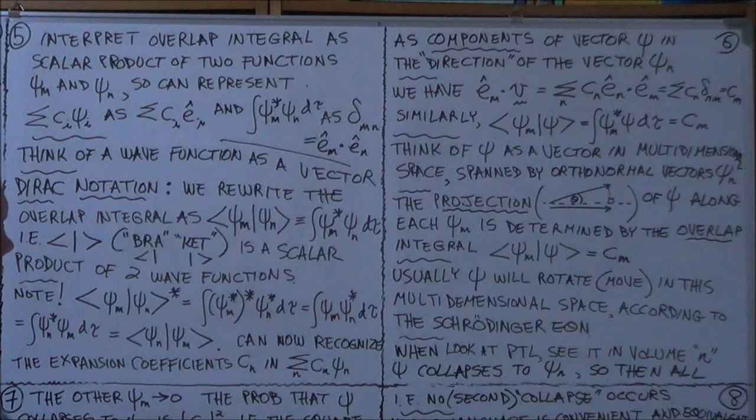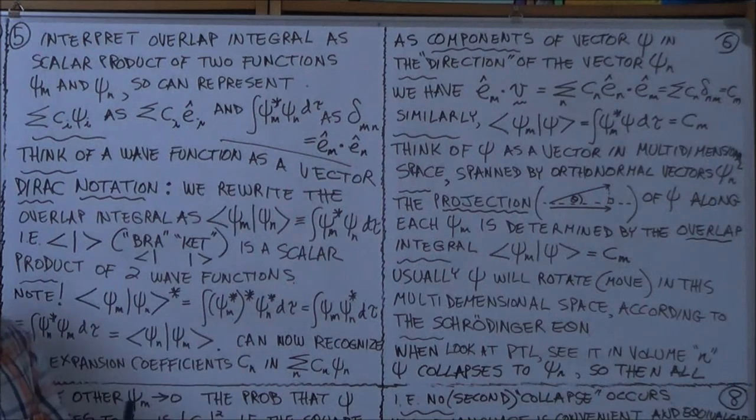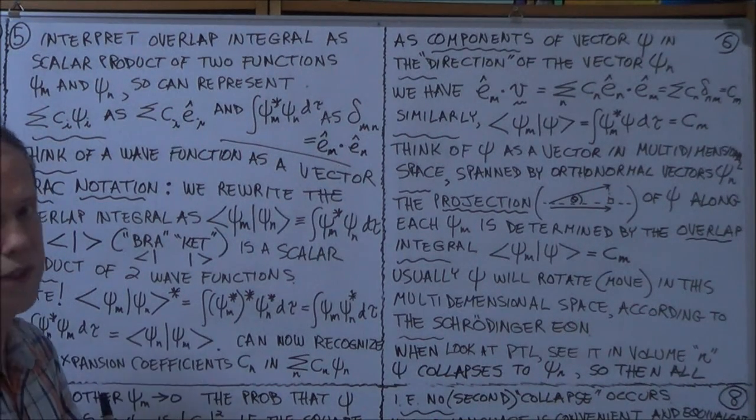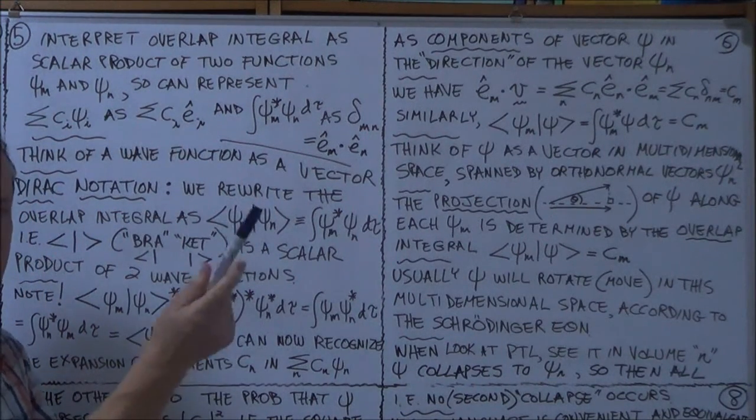Now it's convenient because you can start doing a bit of math. For example, this bracket is just a scalar, right? It's usually just a complex number. So if we conjugate the complex number, remember what that means?